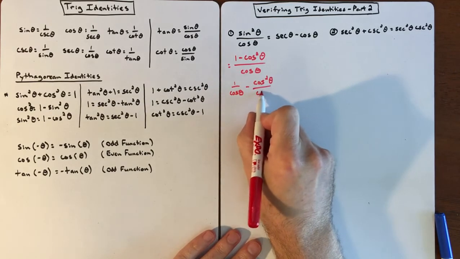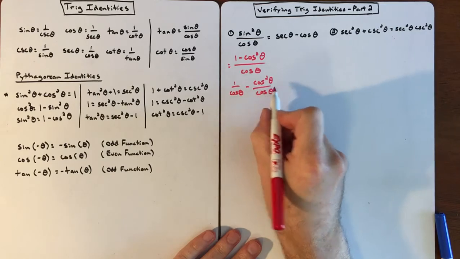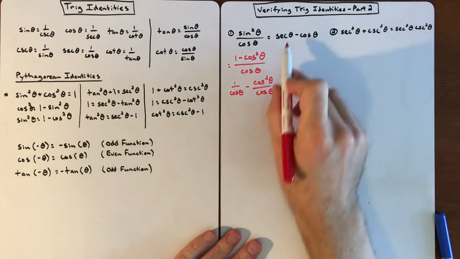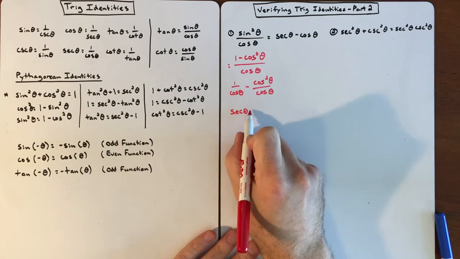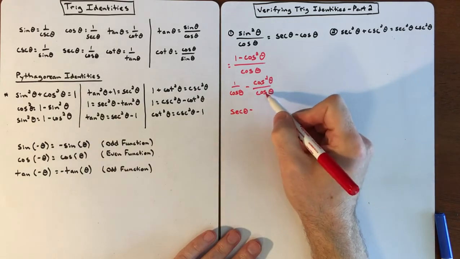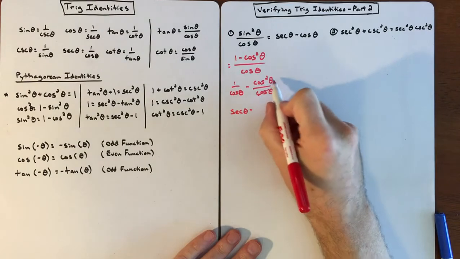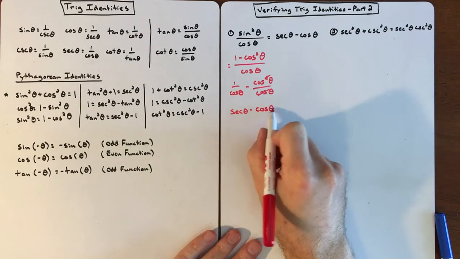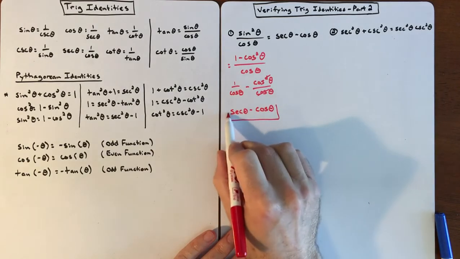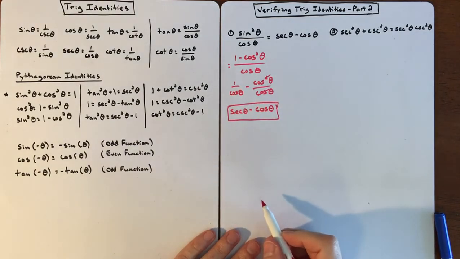And I start to see some good stuff happening because you have a 1 over cosine, which is secant. So that piece is taken care of. And you have cosines over cosines, so one of these can cancel one of those and leave you with cosine. And that is exactly where we're looking to go.